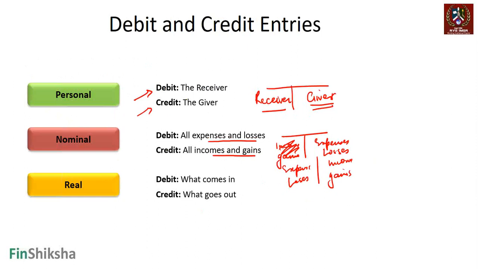So that's broadly what we are going to comprehend from the perspective of personal, nominal, and real accounts. This is just another way of classifying the entire debit and credit entries.